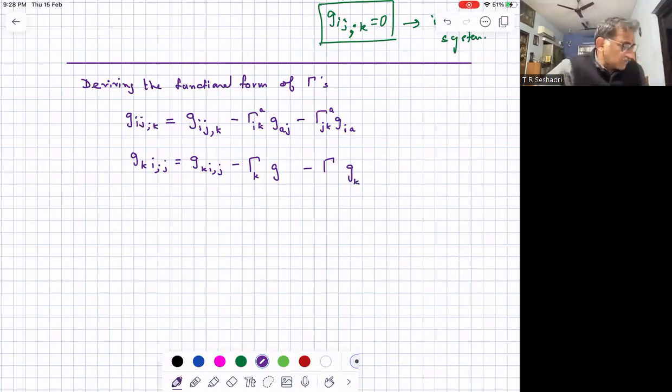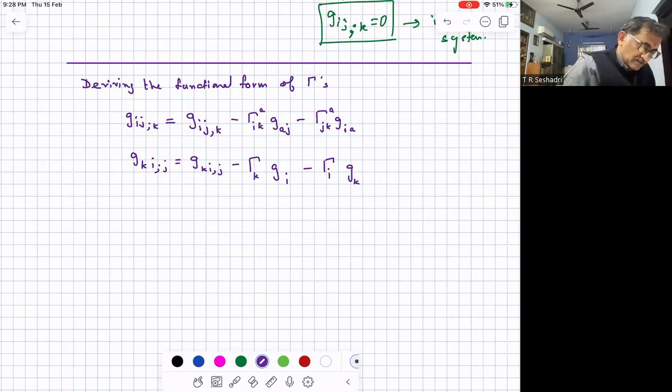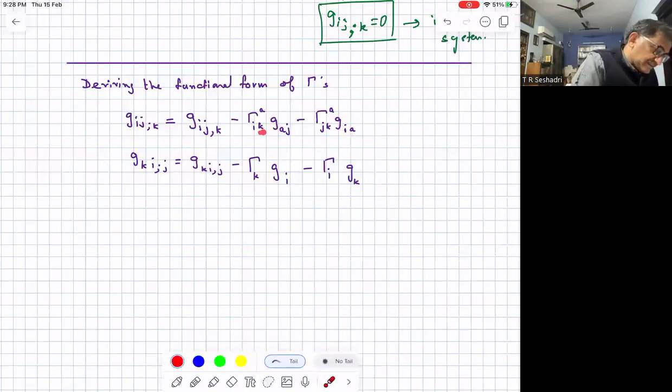Then j was replaced by i, so from the first equation I put an i and an i. And k was replaced by j, so this k out here I will replace by j here.